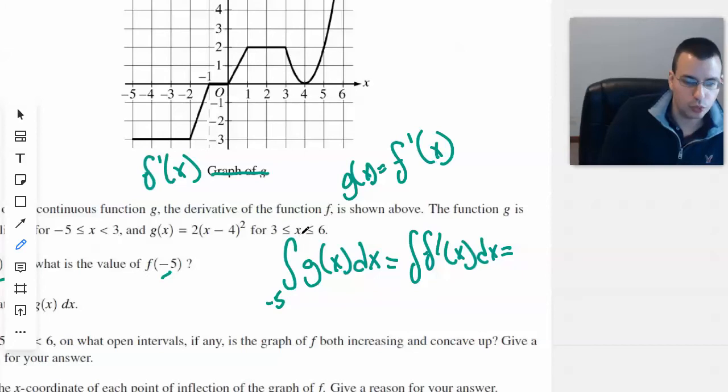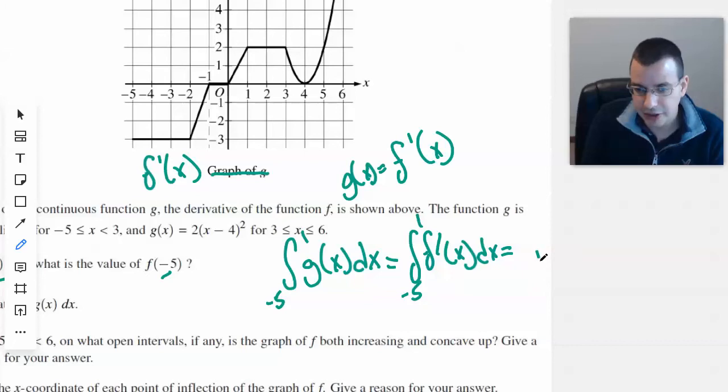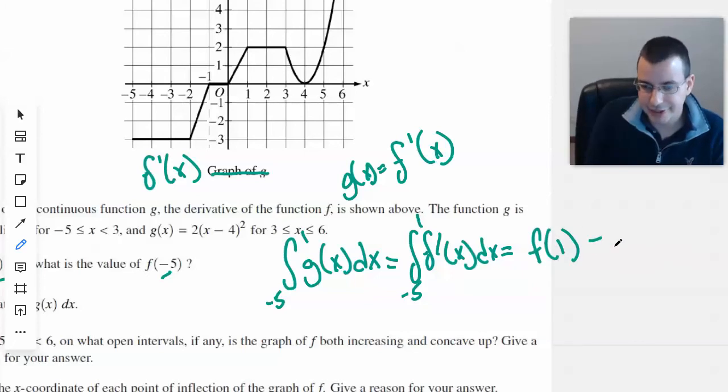They told us earlier that f prime of x is the same as g of x. So this would be f of 1 minus f of negative 5.